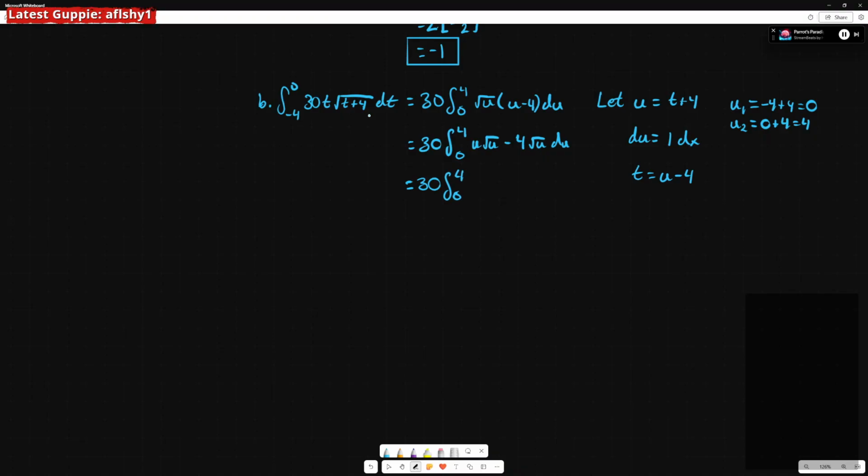From 0 to 4, u to the power of 3 over 2 minus 4 u to the power of 1/2 du, which is equal to 30 times 2/5 of u to the power of 5 over 2, right?